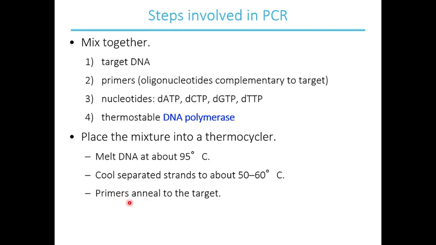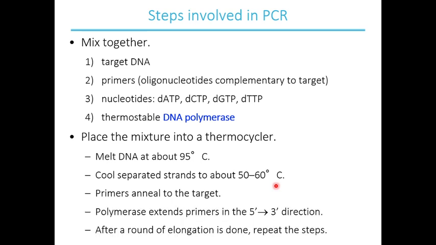This means that the primers added in the mixture bind to separate DNA strands at a temperature of about 50 to 60 degrees C. In the third step, the DNA polymerase uses the DNA as a template and adds deoxynucleotides onto the primers, and this is called an extension reaction. The polymerase extends primers in the 5' to 3' direction, and after a round of elongation is done, these steps are repeated.